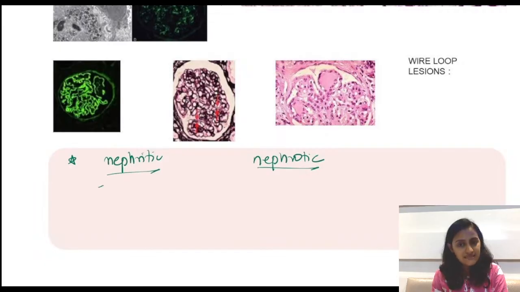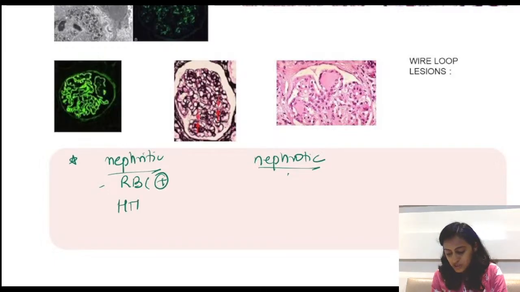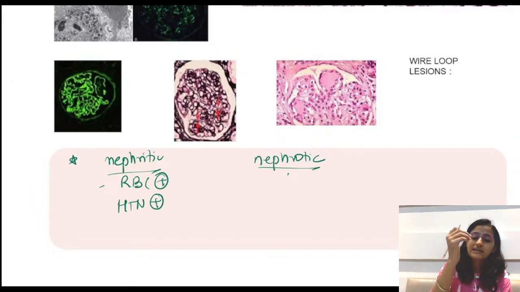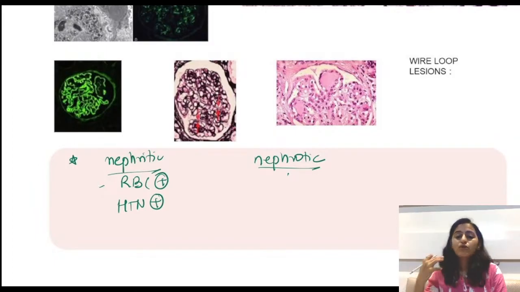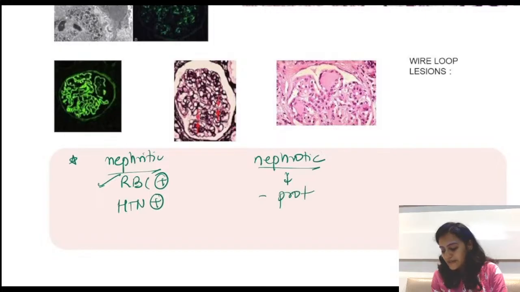In nephritic syndrome, remember, RBCs are also present. There is hematuria, and there is hypertension, which is generally present in nephritic syndrome. Nephrotic can also have hypertension, but hematuria is in nephritic. In nephrotic syndrome, it is proteinuria which is predominant.